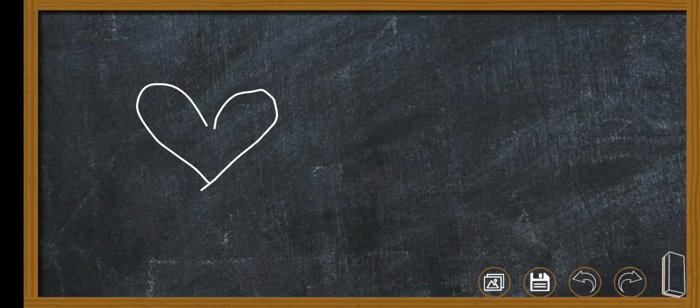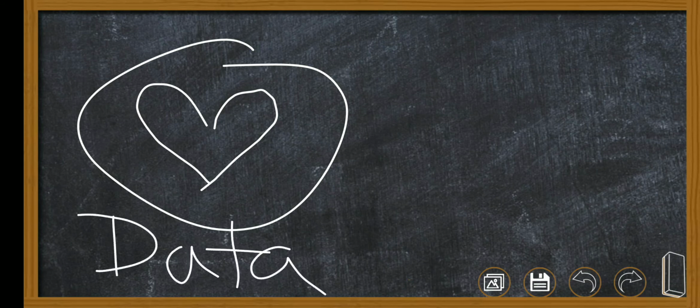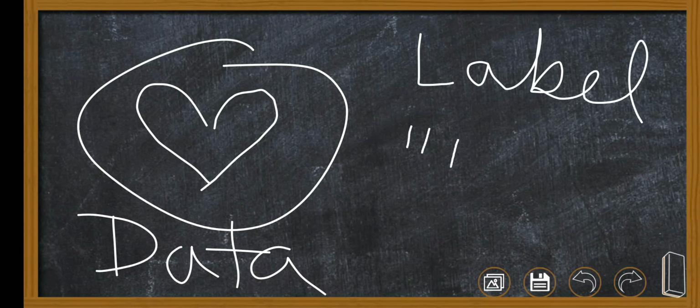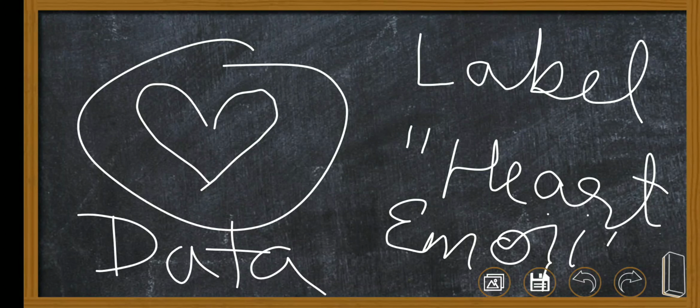The data is this picture or image itself, and the label would be the heart emoji, the statement or the text. It's not always that we have text based labels, but it's pretty common to find data that's labeled as text. So I think you get the concept about what is data and what is labels right now.